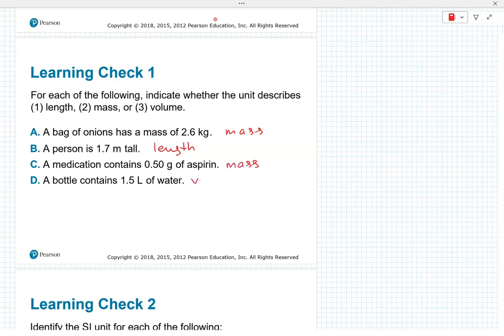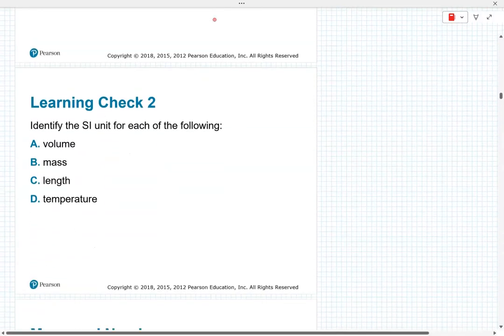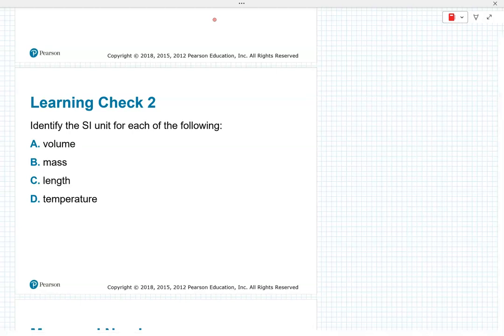Liters. What is the SI unit for volume, specifically SI, not liter? Meter cubed. Mass, length, Kelvin. Okay?